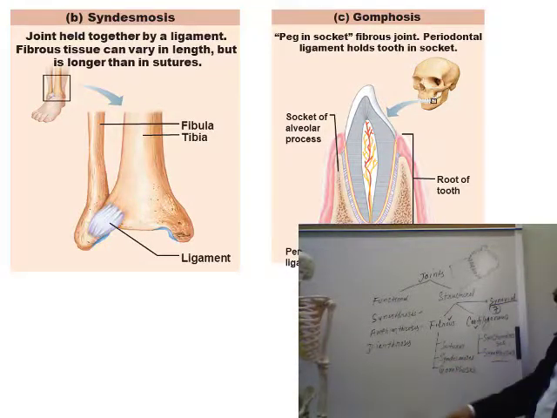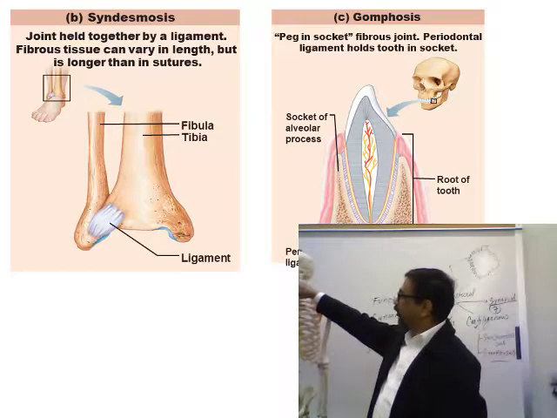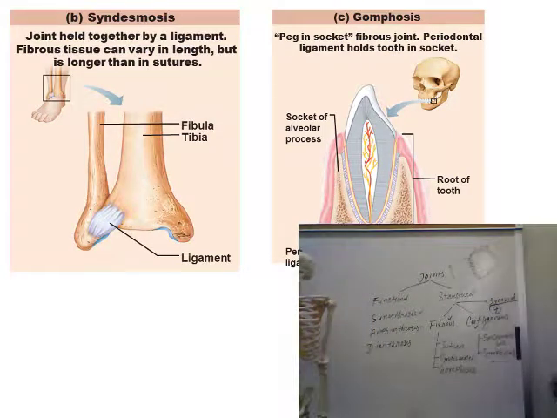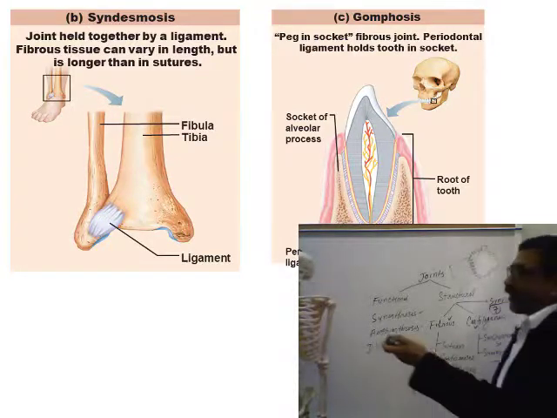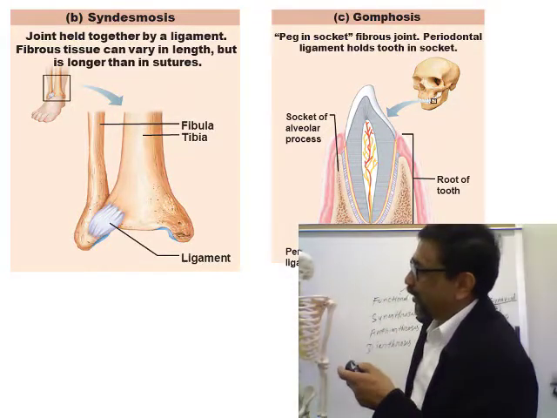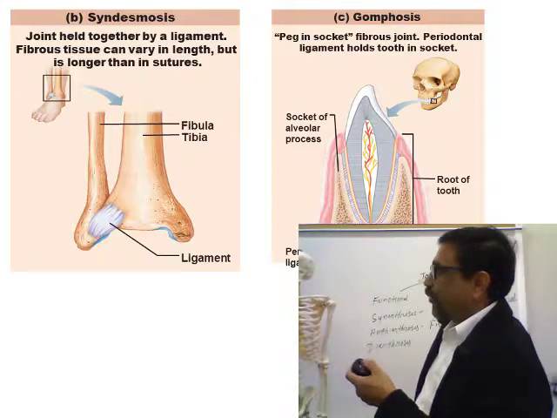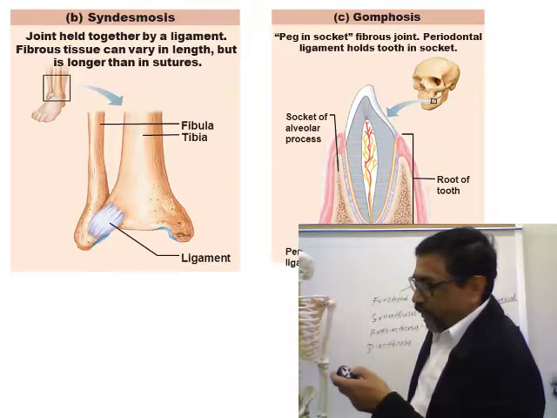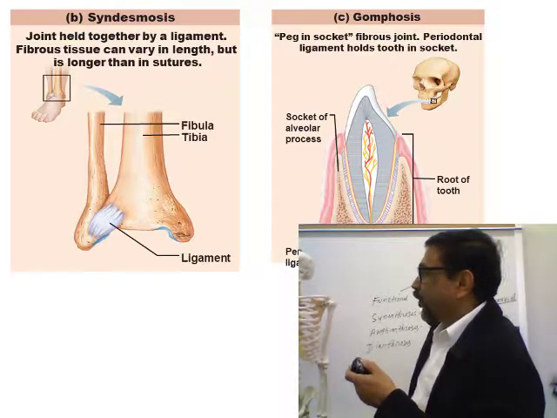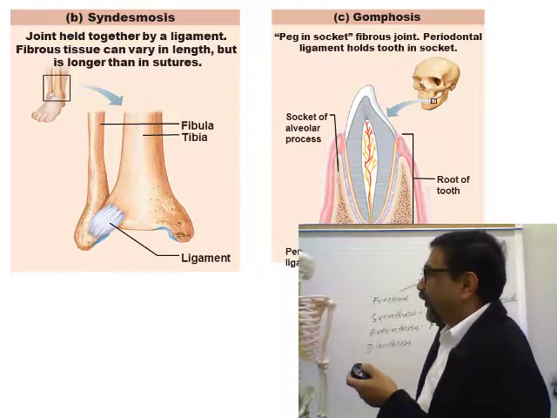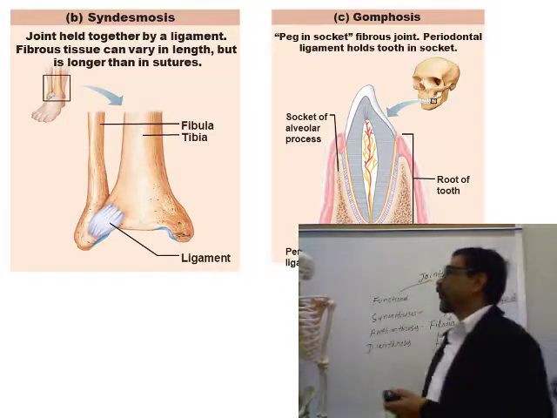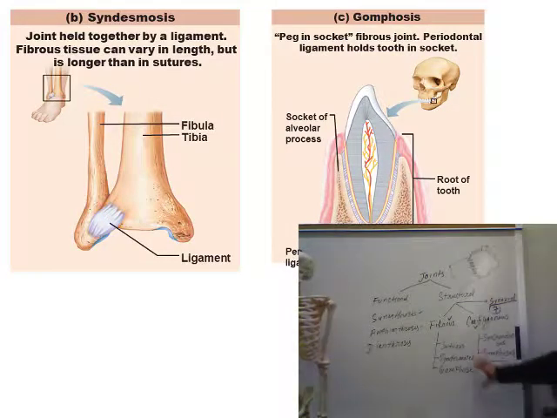Gomphosis, teeth articulate with the jaw bones. One thing, remember, there is a ligament there that is called periodontal ligament. So, tooth is attached to the bony socket by that ligament called the periodontal ligament. Okay, so those are three types of fibrous joints.